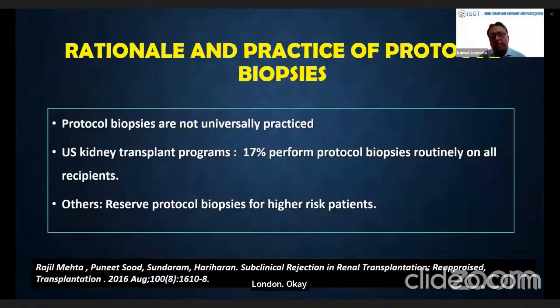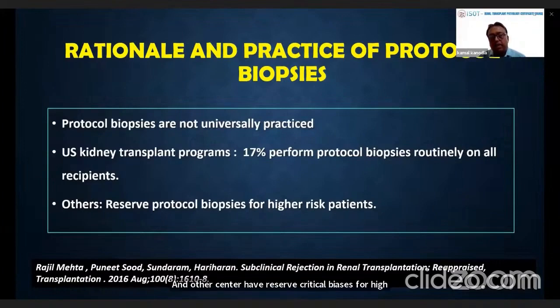Now coming to the rationale and practice of protocol biopsies. Protocol biopsies are not universally practiced. Even in the US kidney transplant programs, only 17% perform protocol biopsies routinely on all recipients. Other centers have reserved protocol biopsies for high-risk patients.